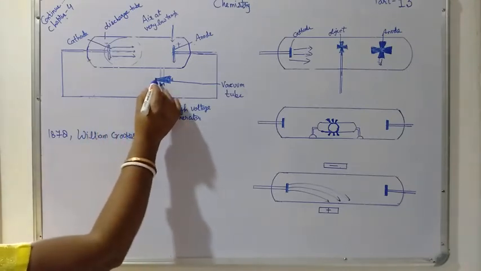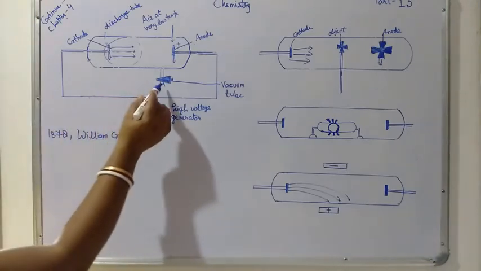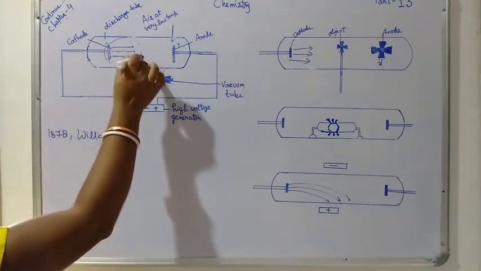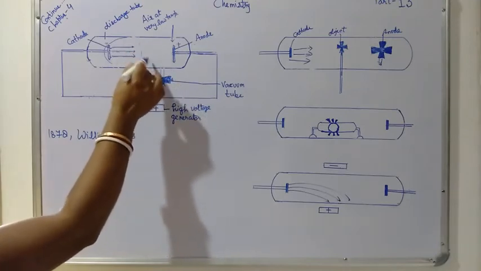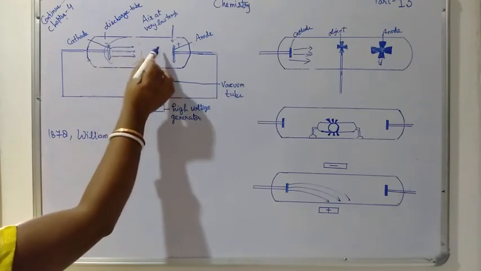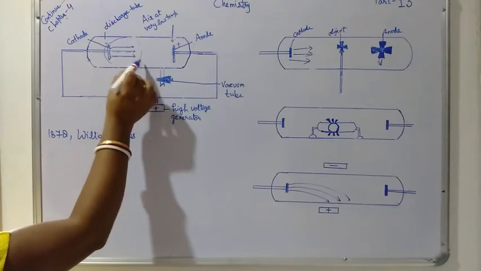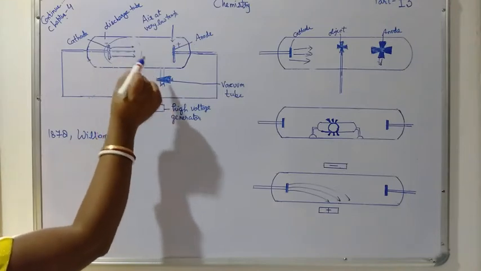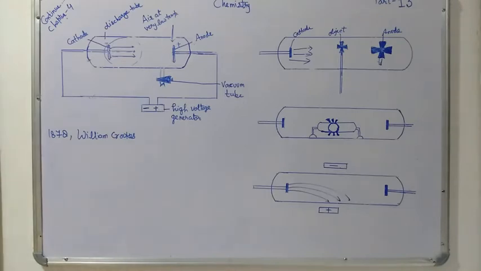Now he fixed one vacuum tube also. With the help of the vacuum tube he filled one gas or air inside the discharge tube at a very low temperature. So now all of you understood.